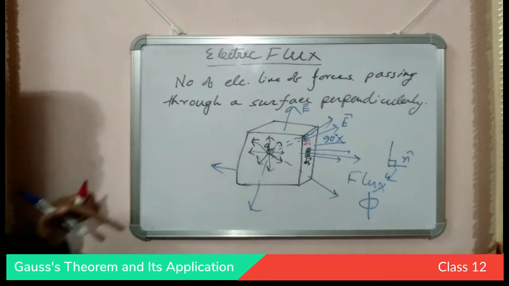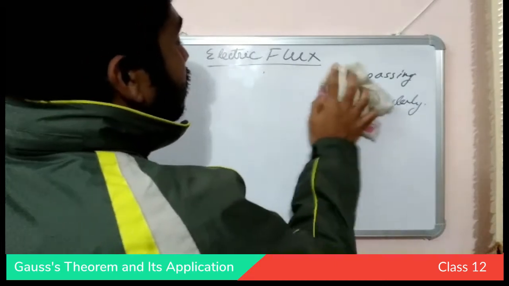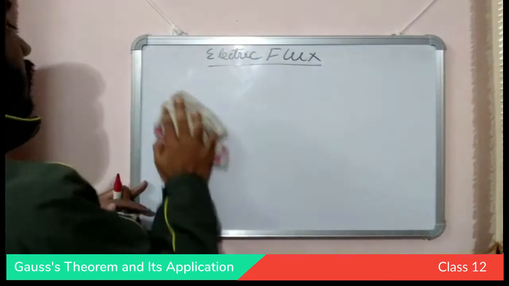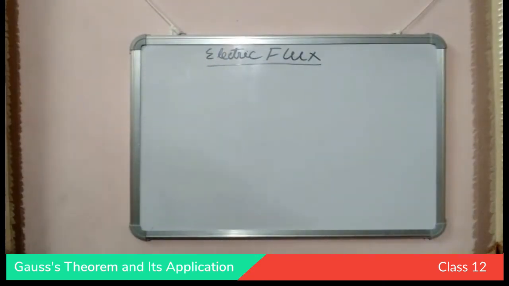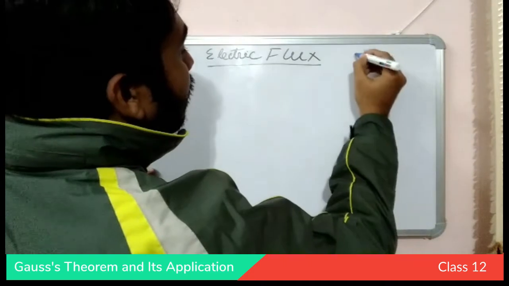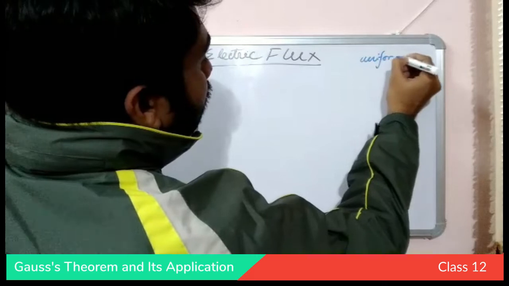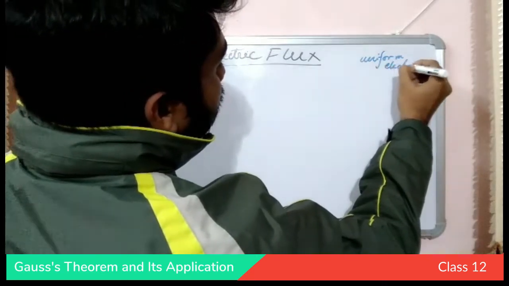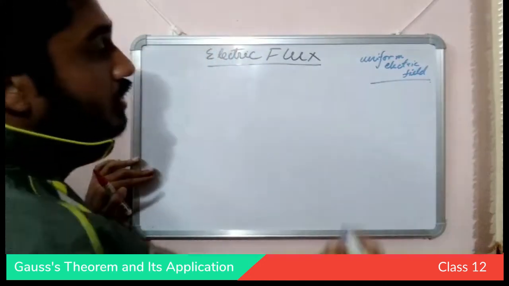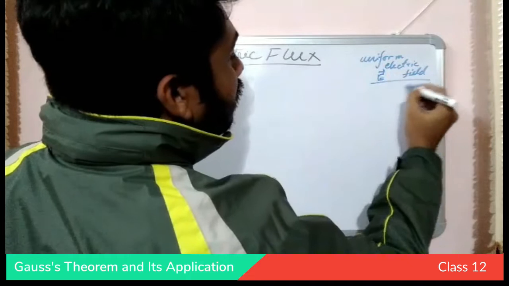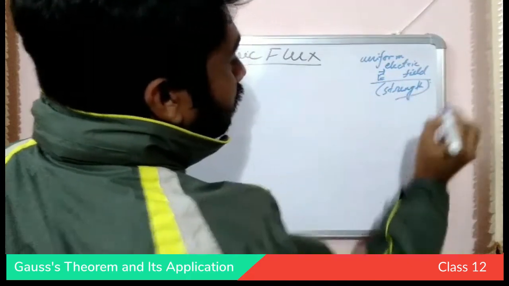There is a calculation to find the flux for any arbitrary shape and arbitrary electric field. But for convenience, in simple cases, we always take a uniform electric field, which is E, the electric field or strength of the field.